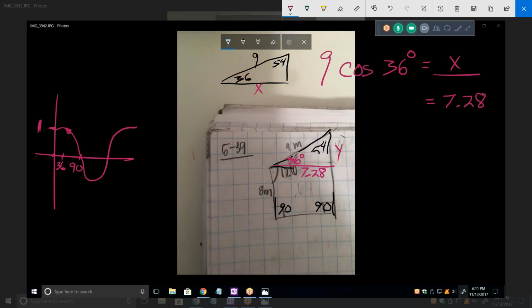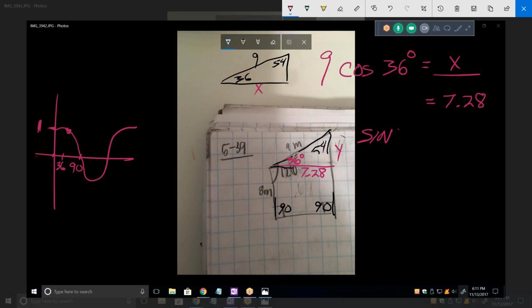Okay, would it be... What we need is the trig function that's going to relate y to 9. So sine? Exactly. If I said tangent, well, actually that would work also, because I now have this measurement down here.